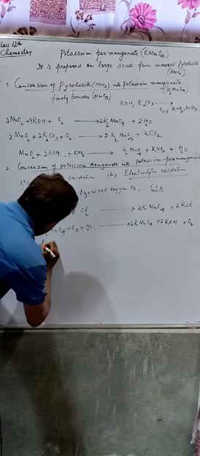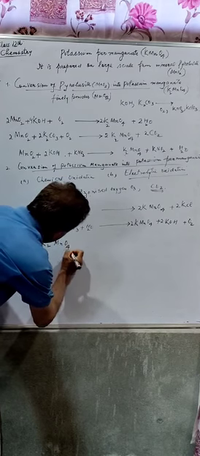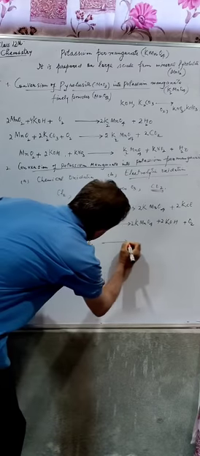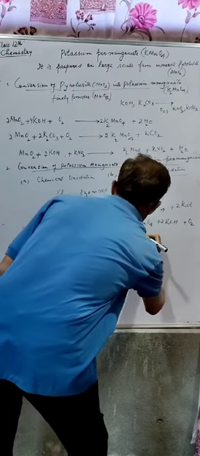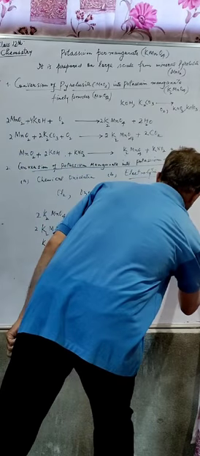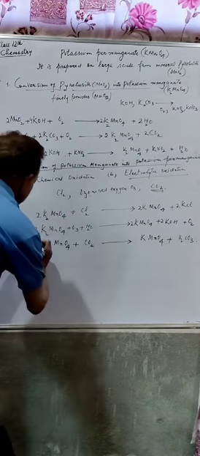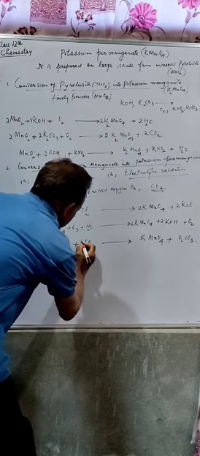Or we can treat it by bubbling carbon dioxide through it. When K2MnO4 is bubbled with carbon dioxide, we get KMnO4 plus K2CO3 plus MnO2.